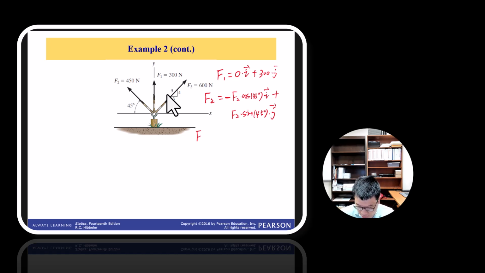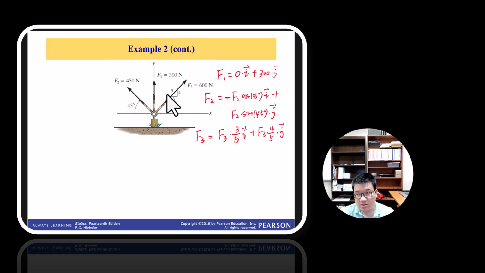We were given the slope of F3, so the slope is the number we can use directly. F3's component in the x direction will be F3 times 3 over 5, and this should be positive, plus F3 times 4 over 5 times j. This should also be positive.